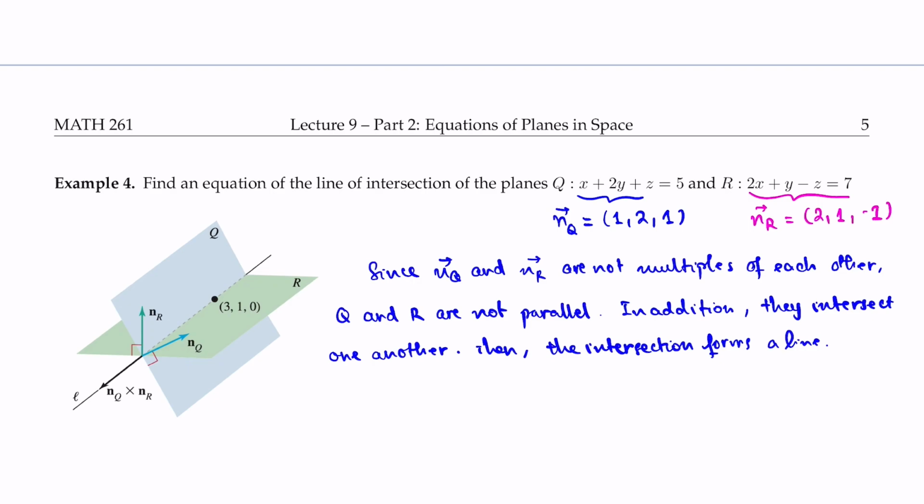There are different ways to find the equation of a line in this context, but I'm going to approach it with this particular procedure. To find the intersection line, we do the following.